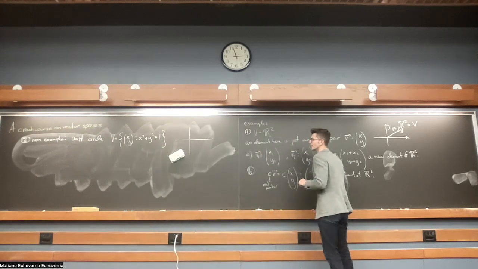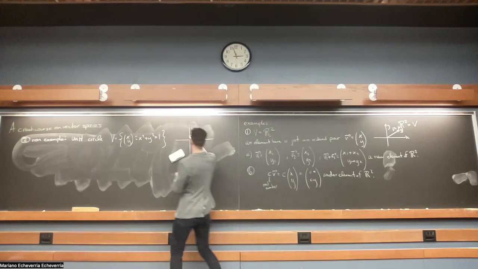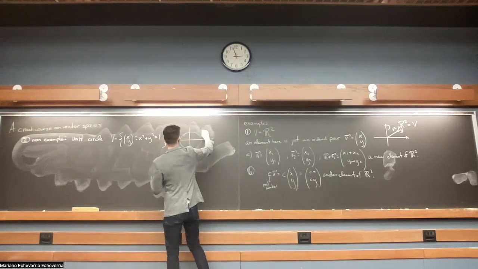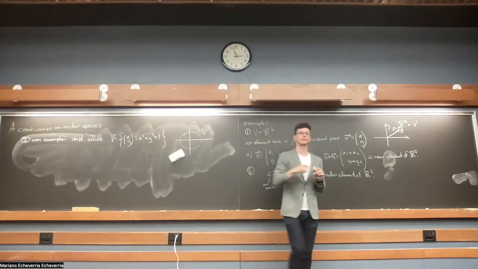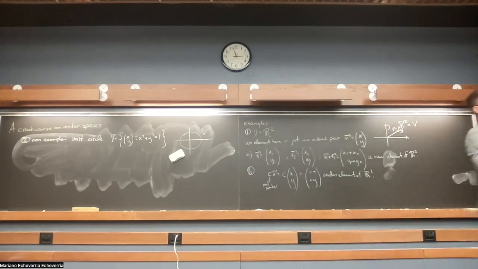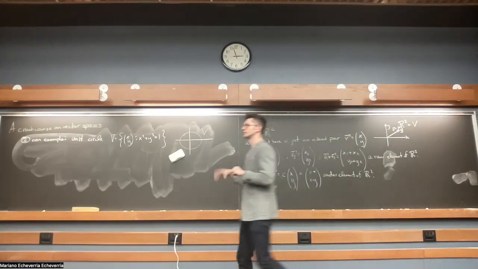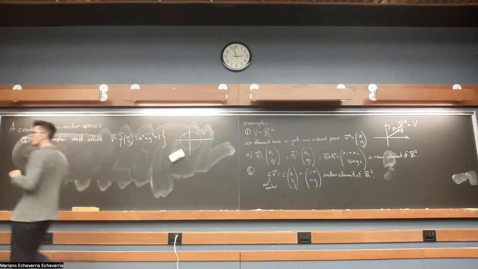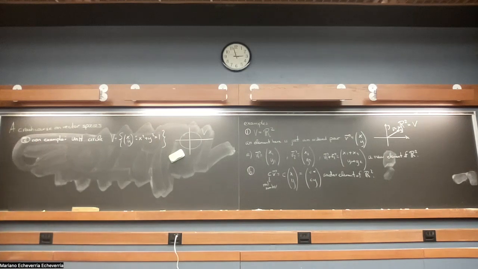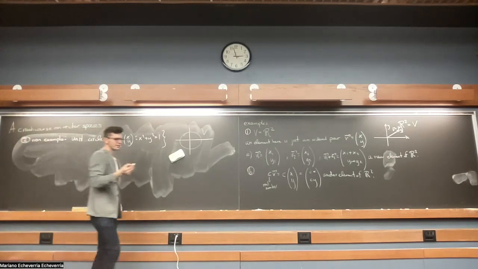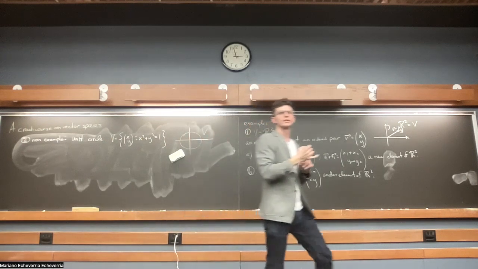Now B corresponds to this thing, just the circle itself, the green thing. My claim is that that wouldn't satisfy the definition of a vector space. There are tons of things that go wrong here, but what's one thing that goes wrong? I already erased the properties, but what would be one thing that goes wrong?